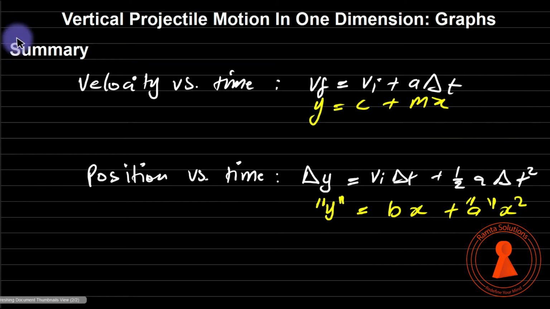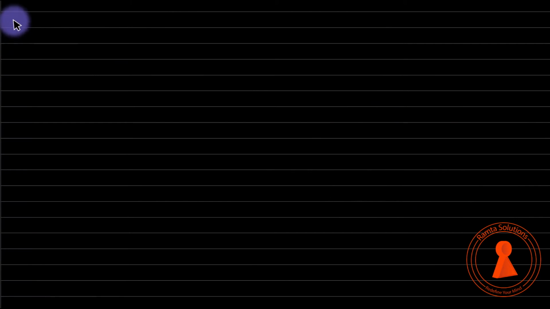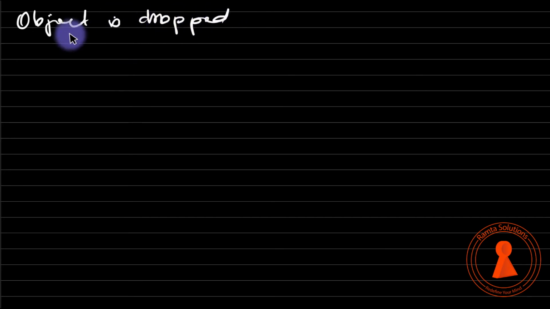So let's try to summarize our graphs. First, I'm going to look at an object being dropped. When an object is dropped, I will try to look at the graphs.